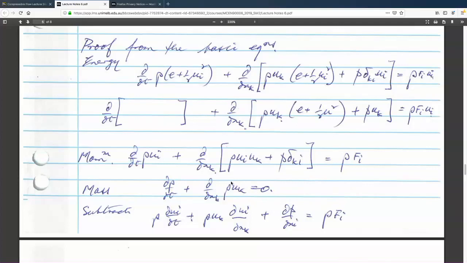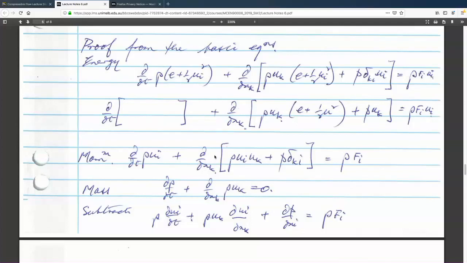So now, if I pull out of this term and this term ui, I'll have d rho/dt plus d/dxk of rho uk. But that's the mass equation.